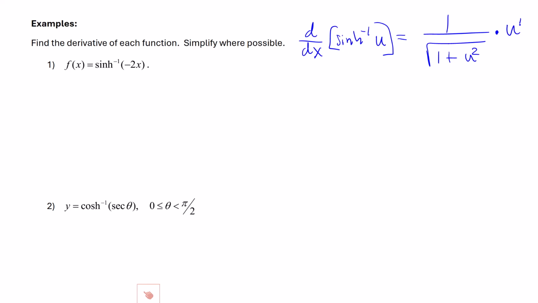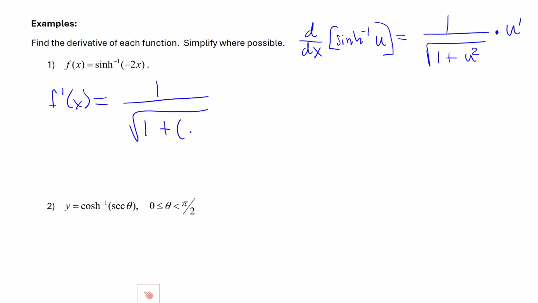So what we're going to do is say, for our function given, f prime of x equals, now the outer function is the sine hyperbolic inverse, so we start by using that derivative, which is the formula we have defined above. So that will be 1 over the square root of 1 plus, now here comes the composite form of it. The input for this function is negative 2x.